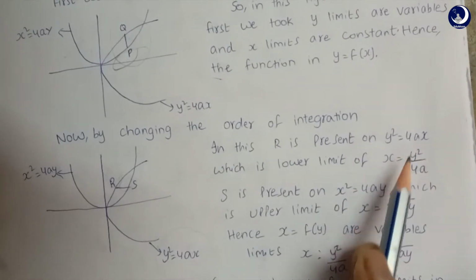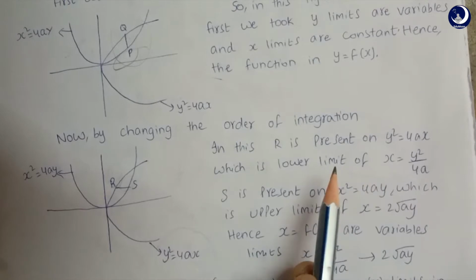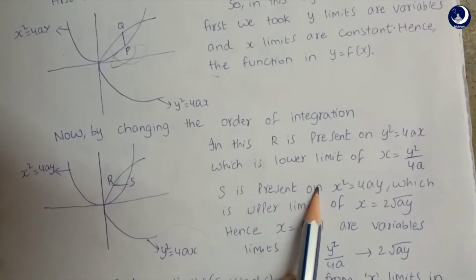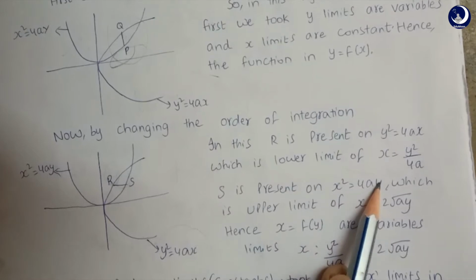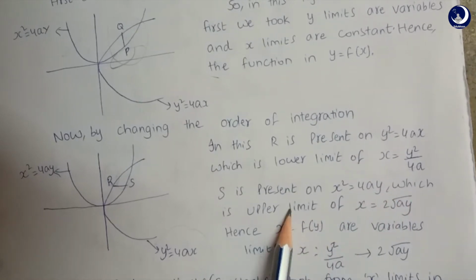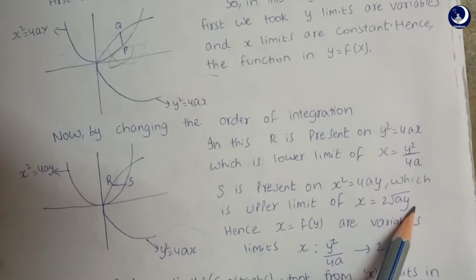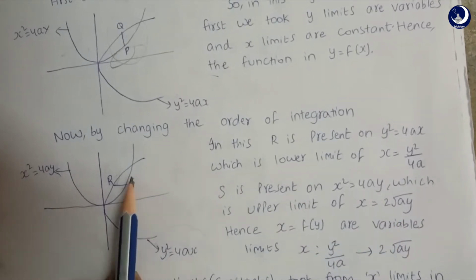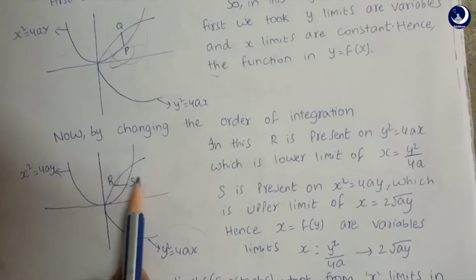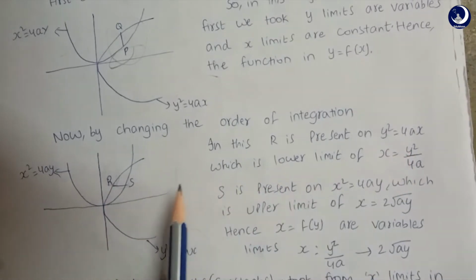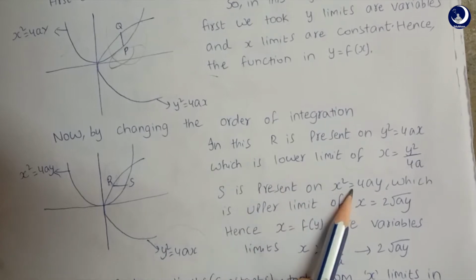This is the lower limit for the required function f of x, and S is present on the x squared equal to 4ay figure, so the upper limit of x is 2 root ay as per the given question. So by changing the order of integration we got the RS limits, from y squared by 4a to 2 root ay.